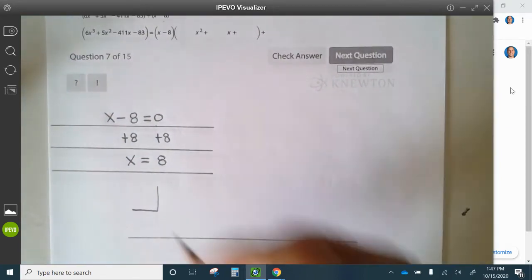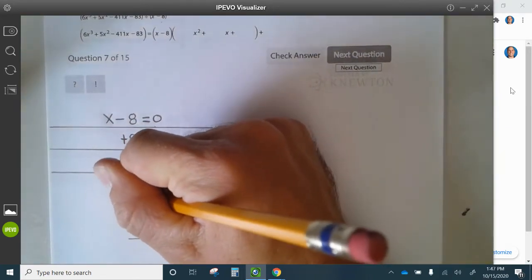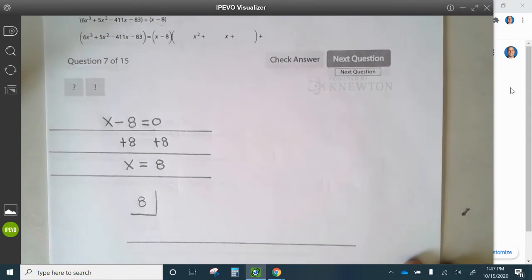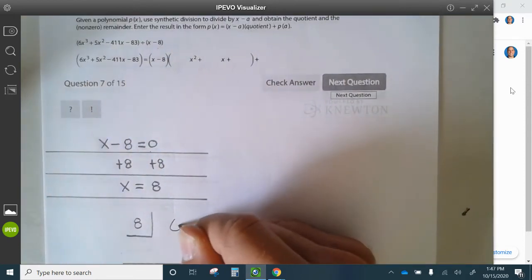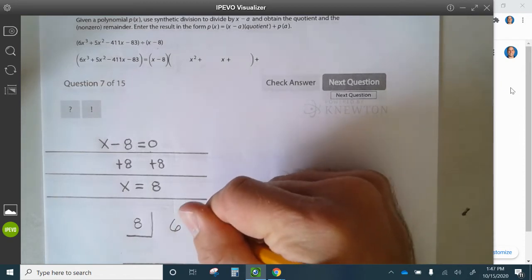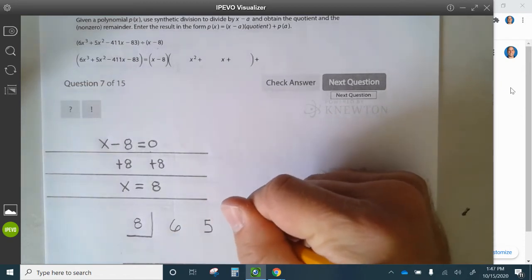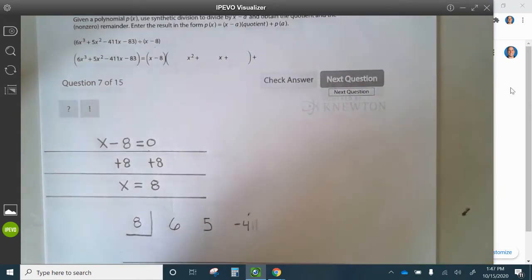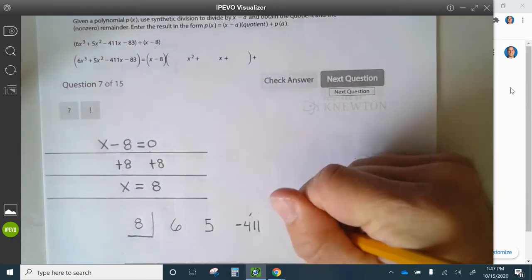Okay, so the 8 goes right here, and then we bring these numbers down. So the 6, the 5, the negative 4, 11, and then the minus 83.